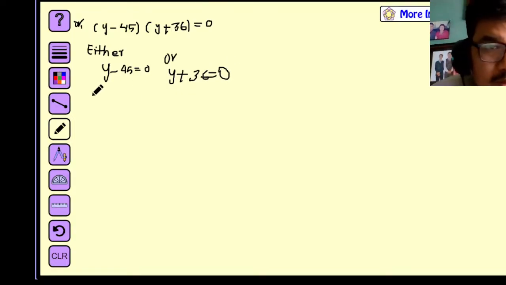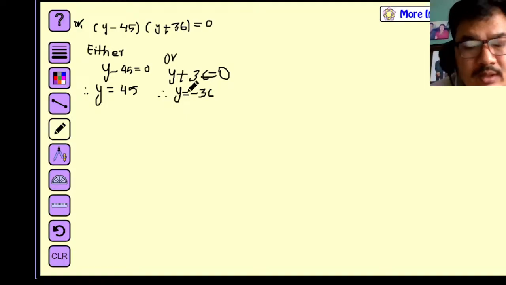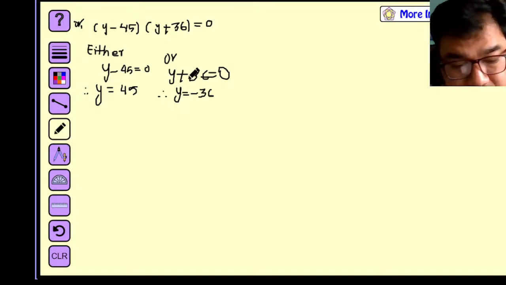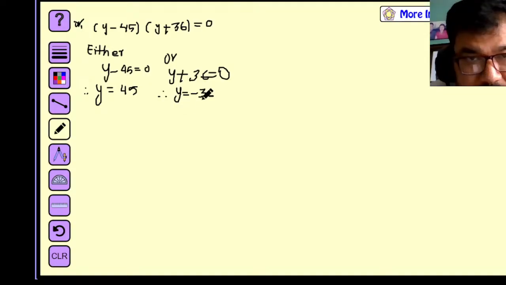When you solve this, you will get your y value equals to 45. But here you will get the y value as negative. Suppose, what was the y value there? The y value was the money received, which is negative here.